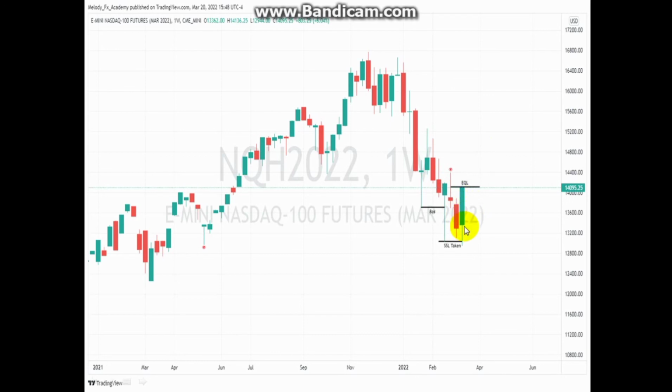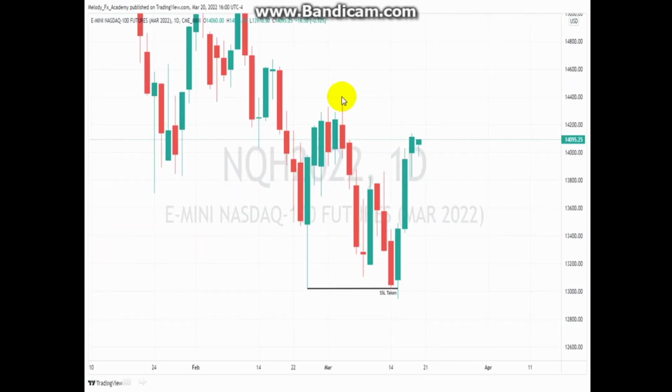But right now, I'm just seeing this as a retracement to go lower and probably attack this old swing low right here. Before this move happened, I talked about it in one of my previous videos. Right now my opinion is that I want to see price trade above this old swing high on the daily time frame, which is this.